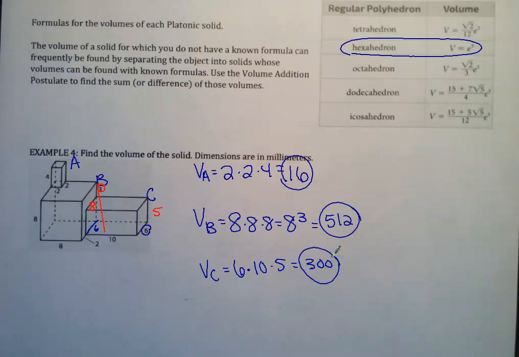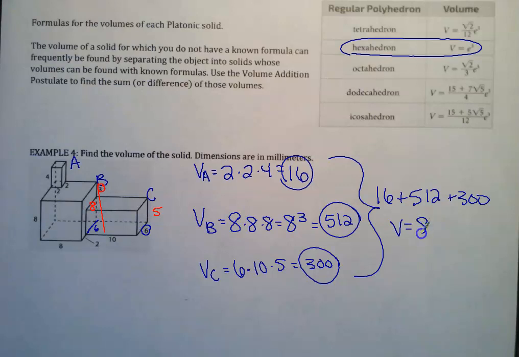All right. So now I found the volume of each of these individually. What do I do to find the total volume? I add them all together. That's that volume addition postulate. So we're going to have 16 plus 512 plus 300, which is 828.